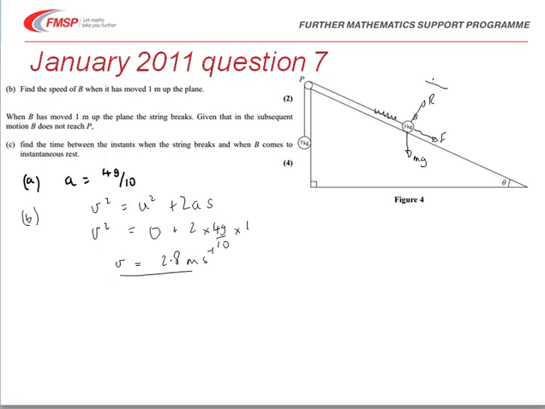And to start off with, it's moving with a velocity now of 2.8 meters per second. So we can call that velocity that we found in part B the initial velocity in this part of the question.